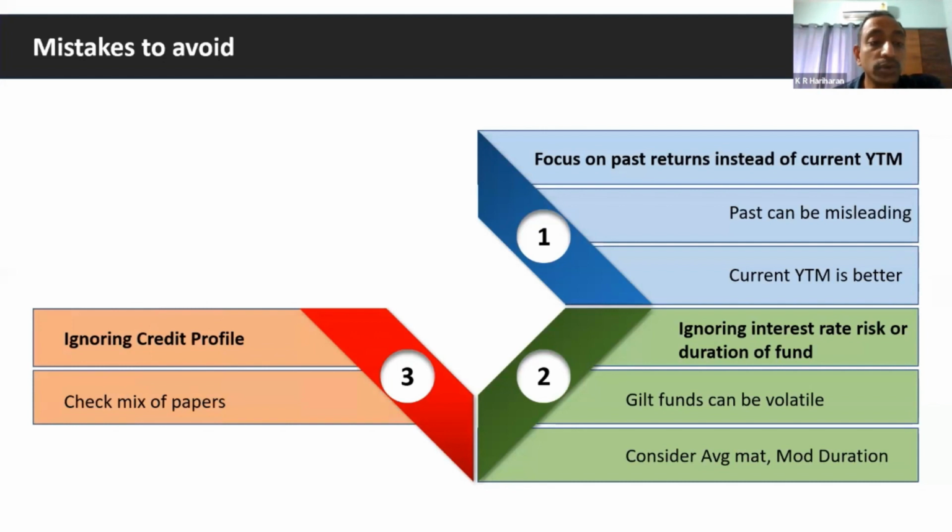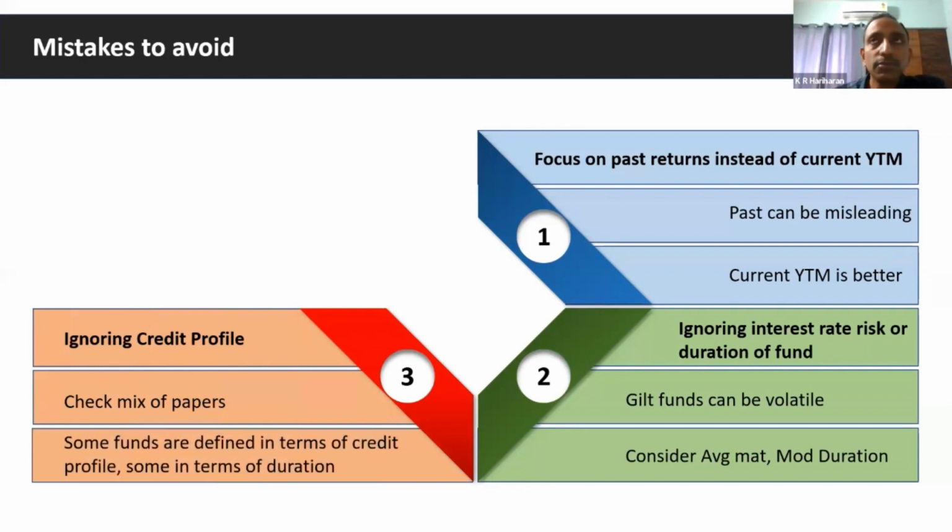The third is to ignore credit profile. Every mutual fund gives a portfolio of who the issuers are, and all these issuers have a rating which tells us what the credit risk is in that particular fund. If it's AAA or sovereign rated, the credit risk is very, very low, practically zero. If you go to A-rated paper, there's an increase in credit risk, and so on and so forth.